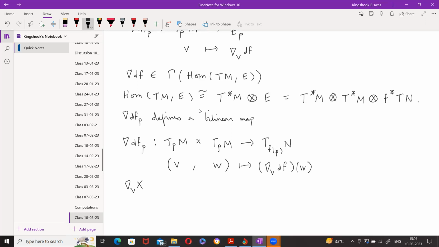What is this equal to? You're saying this is equal to dX_P of V. Yeah, dX_P of V transpose, right?